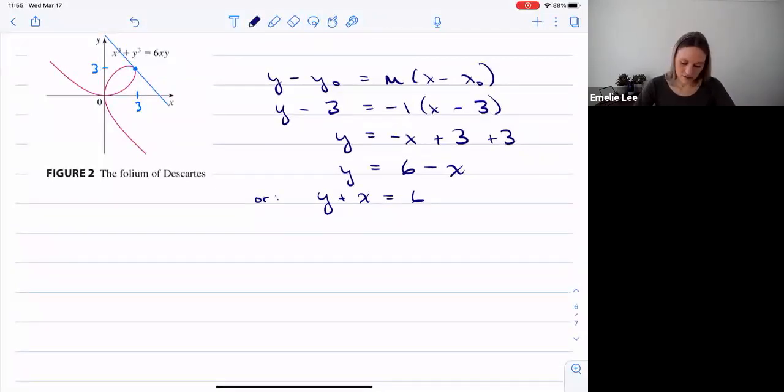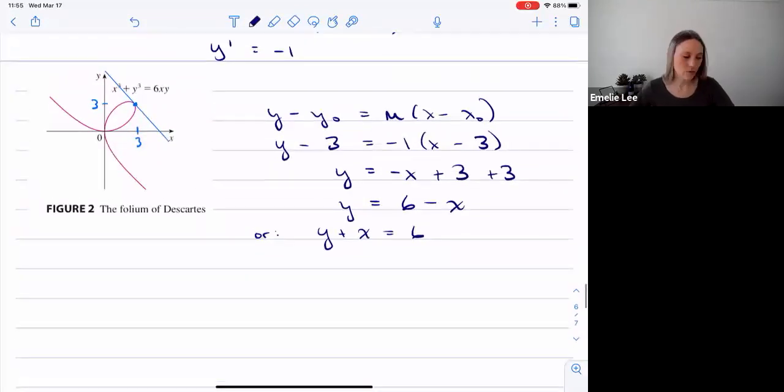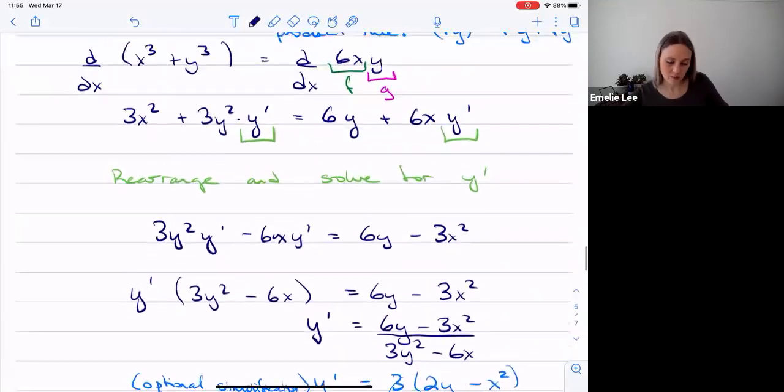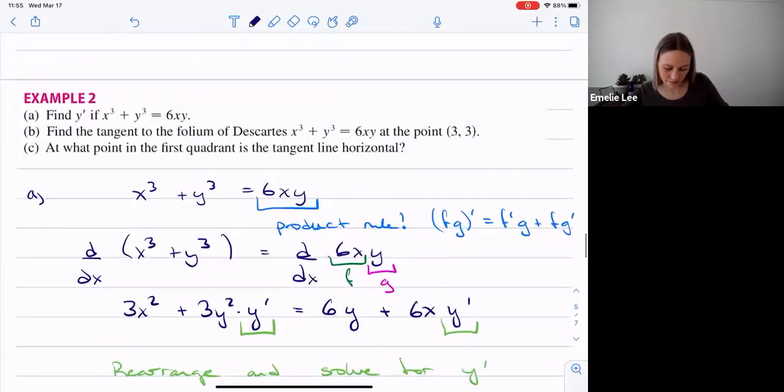Okay, good. So what's the next thing we have to do? I think we have to find where, now let me see if it can keep up with my scroll. So now we want to know at what point, so we don't know what x, y point in the first quadrant, is the tangent line horizontal. So we need to remind ourselves what it means for the tangent line to be horizontal, right? It means we have a slope of 0.